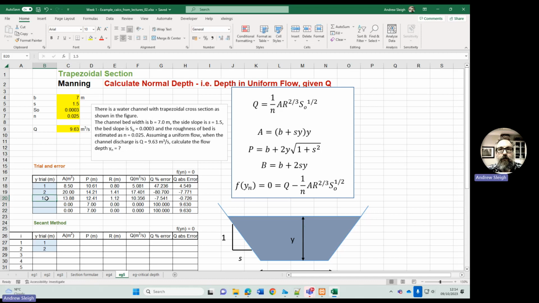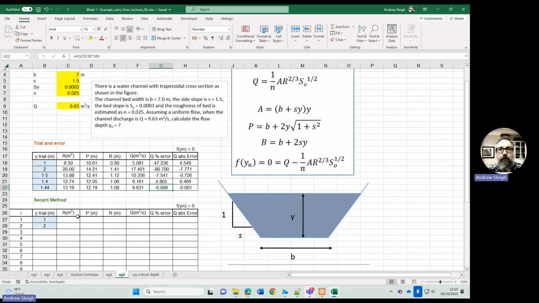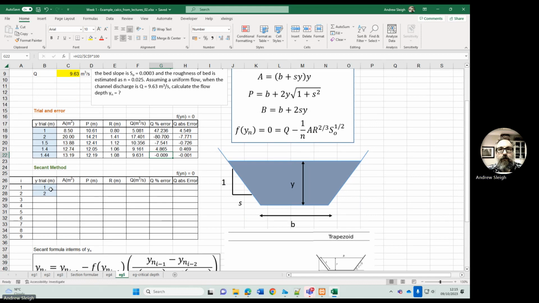So we see it's below 1.5 because it's between 1.5 and 1. 1.4. 1.44. Okay, that's about good enough. So it's less than 0.1% out. So I think that's a good accuracy.